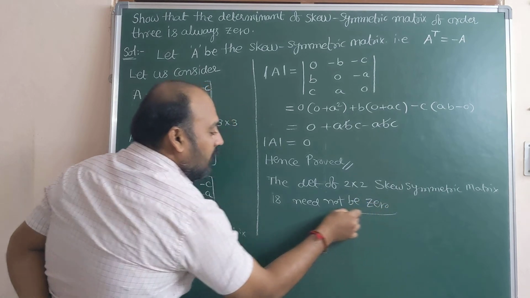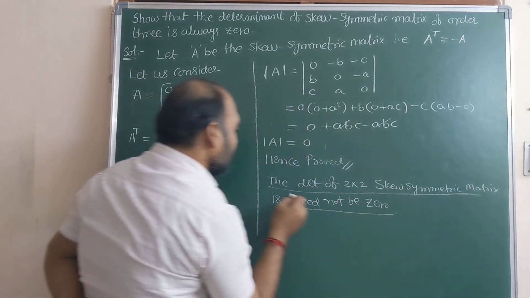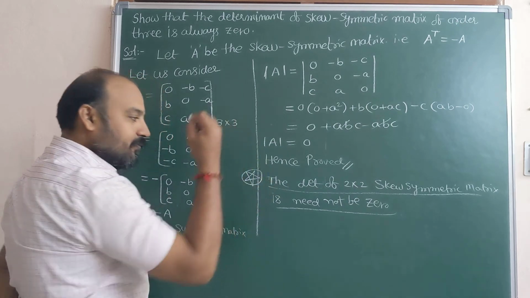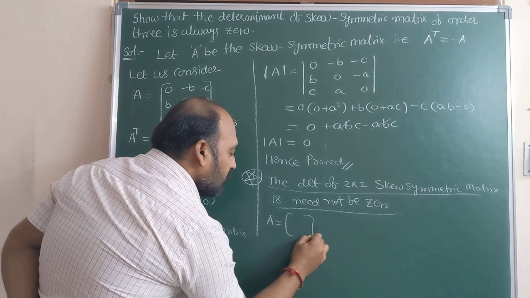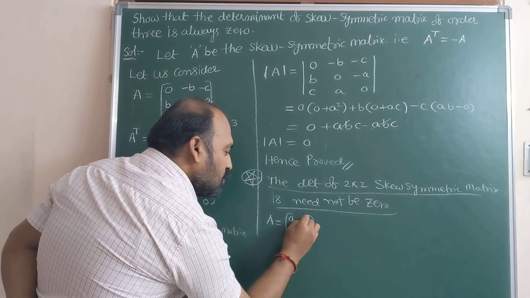See how, sir, it will be. I will give one example for this. Make a note, dear students. Just I will give one example. Simple example. A equal to 0, 2; minus 2, 0.